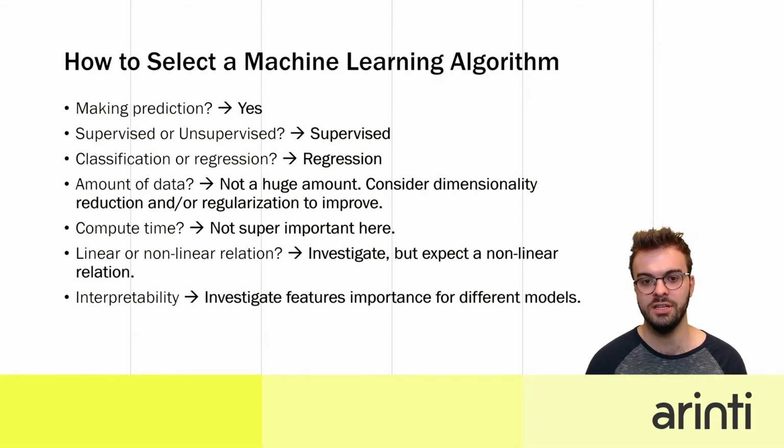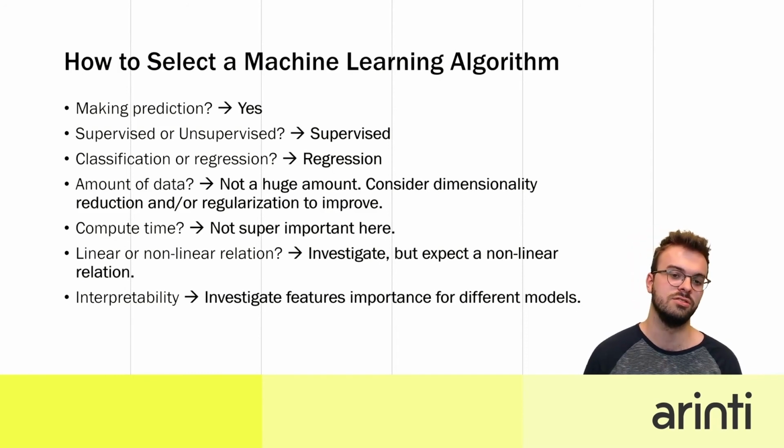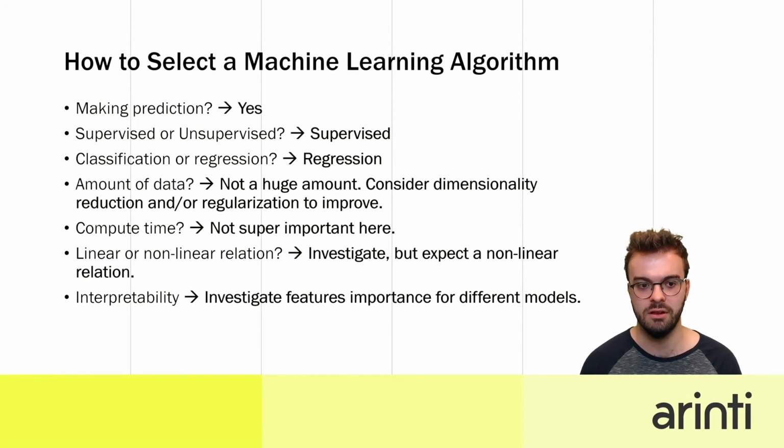So you need to think about improving your data set. We can't gather more data. I imagine maybe there are some public data sets available to get more data, but I don't think so. So the easiest way to get more data relative to the amount of features is to consider dimensionality reduction and really using regularization to improve your models.